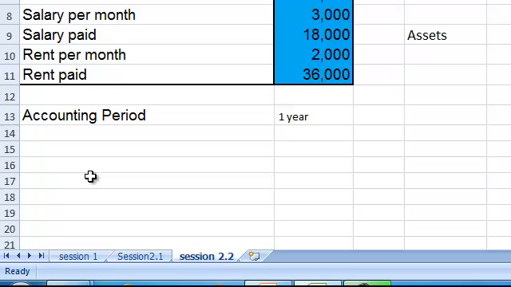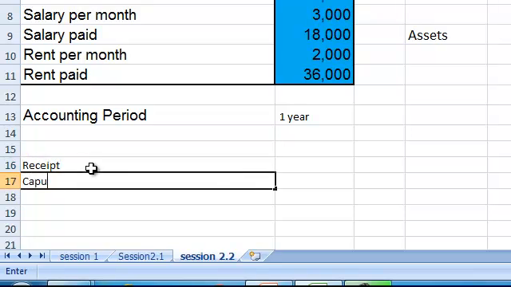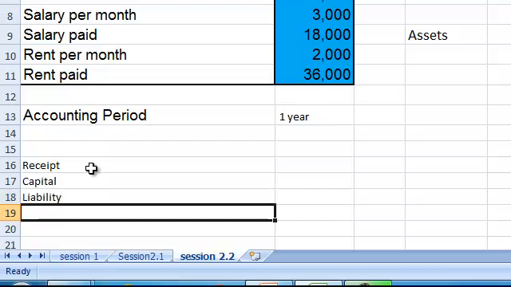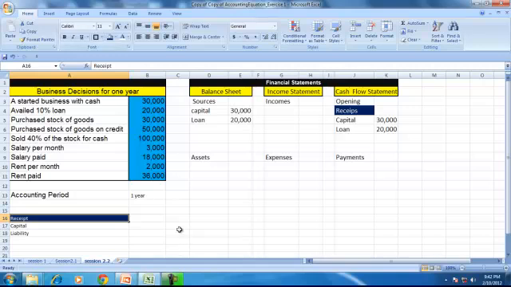A receipt, as of now, can be capital or a liability, and slowly we'll improve our understanding of the word receipts. Why will you receive money? The business will receive money as a capital, or as a liability. Later on we'll see other types of receipts as we move along.